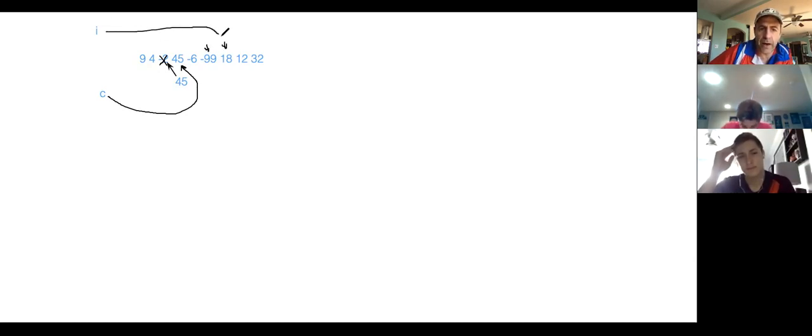Now A sub I is greater than 0 again. So we take A sub I's value and assign it to wherever C is. C is no longer 45. C is now 18.